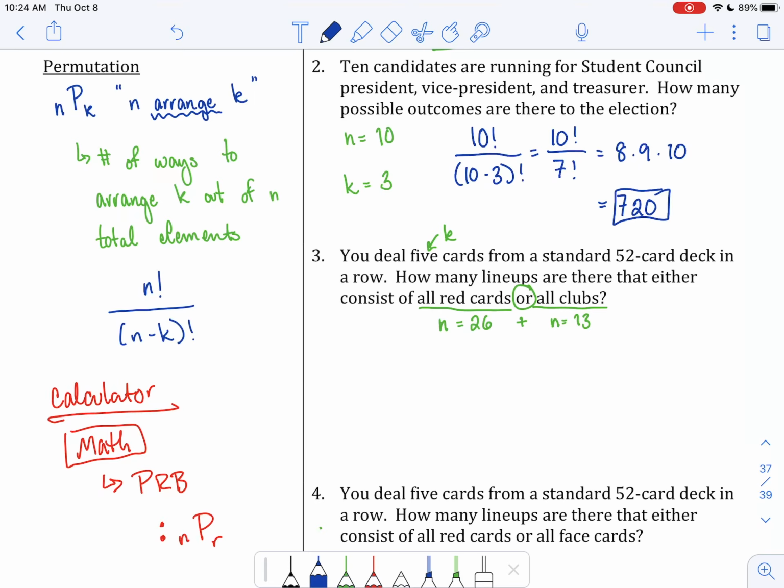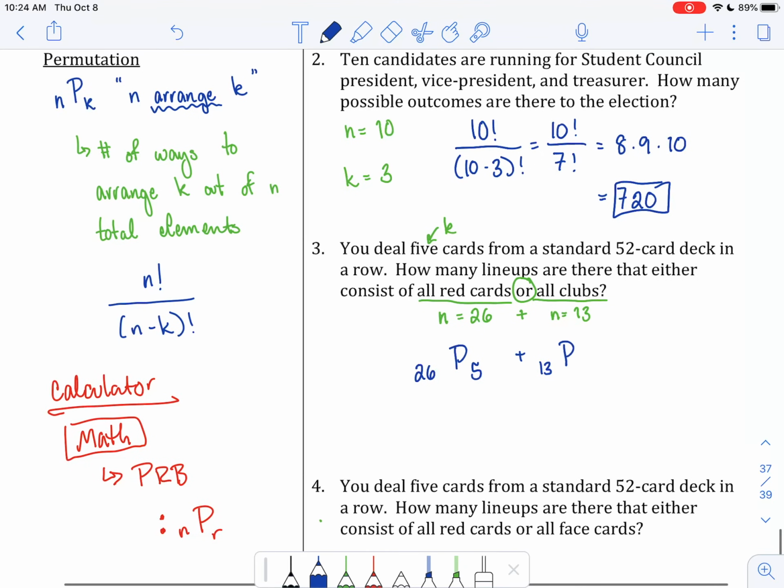So for this, I am going to use a calculator because I'm going to have 26 arrange 5, which is going to be a very large number. Even if I didn't have a calculator that could do permutations, I would still want a calculator. Plus 13 arrange 5.